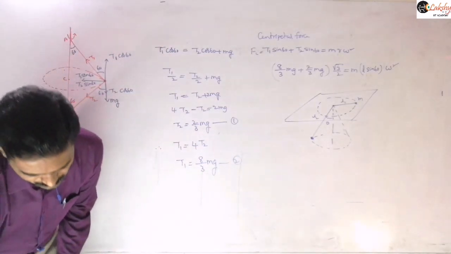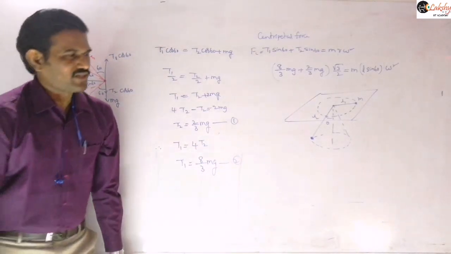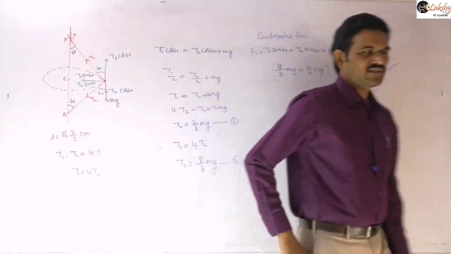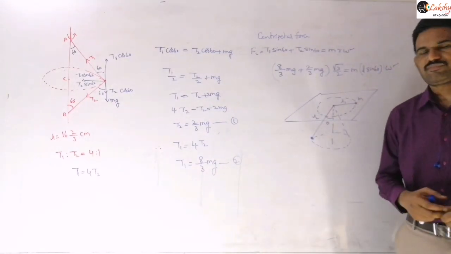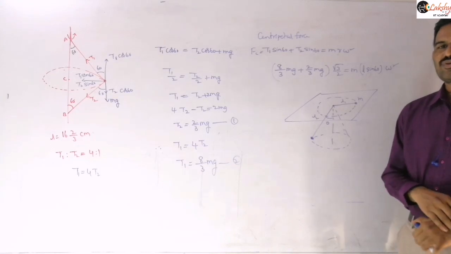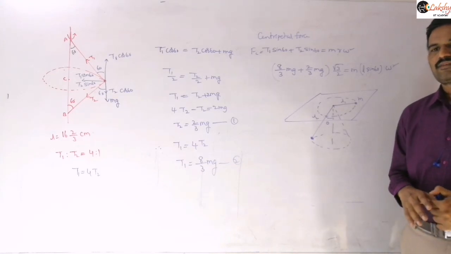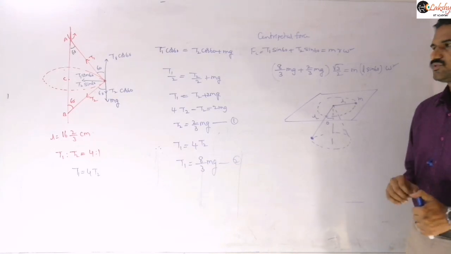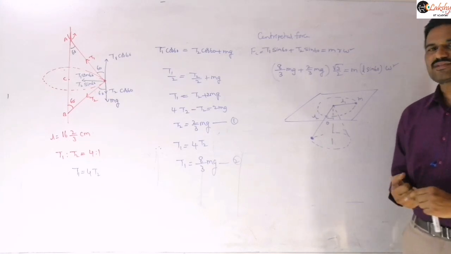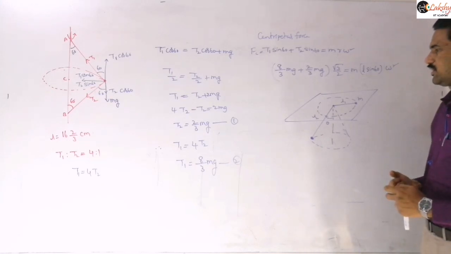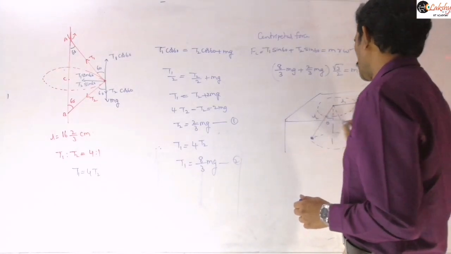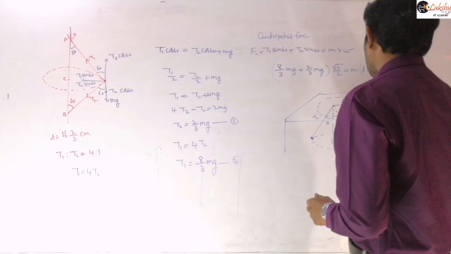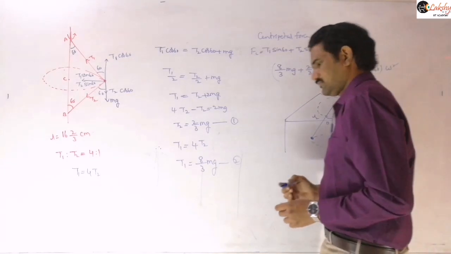So write that problem. Two identical particles each of mass M are connected to the two ends of a string which is passing through a small hole in a horizontal table as shown.